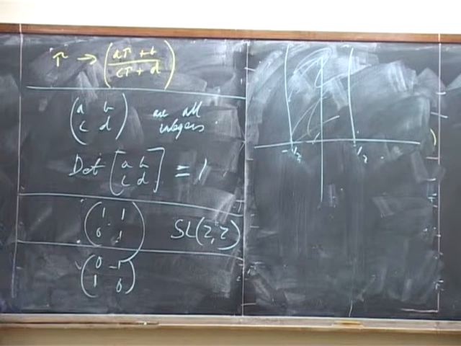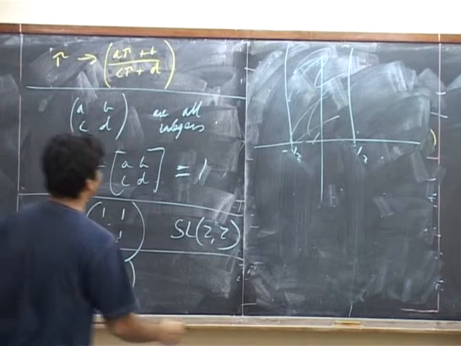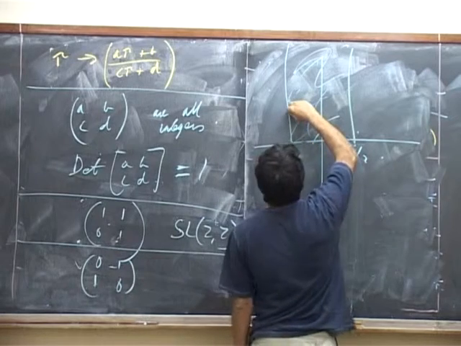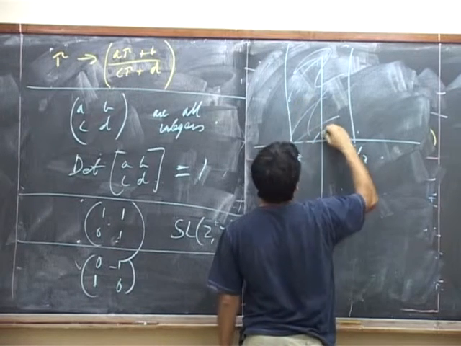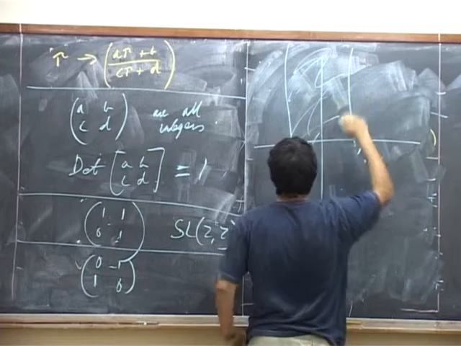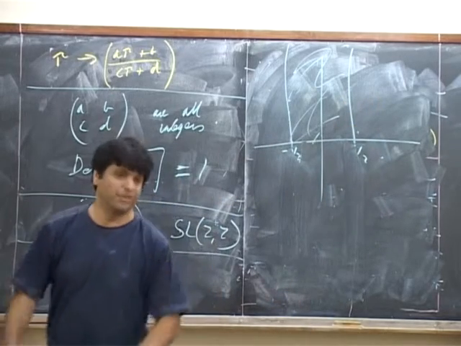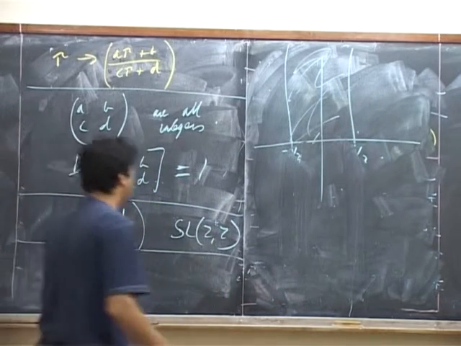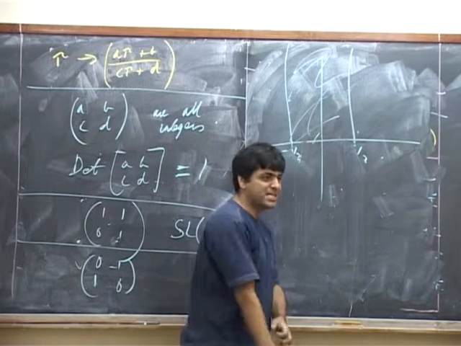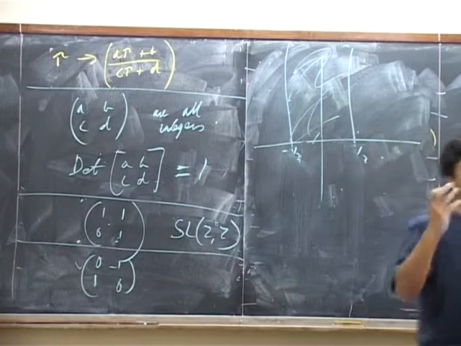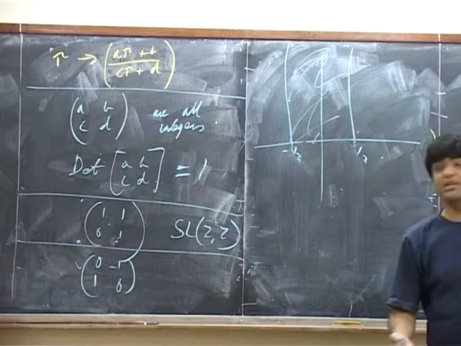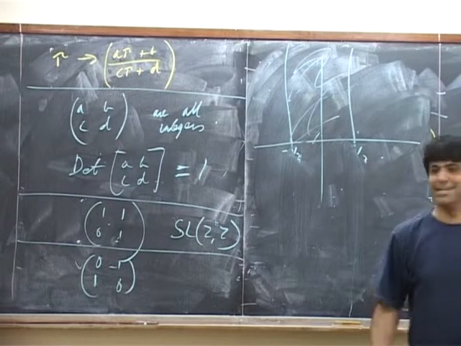But we can do better. Suppose something was down. Now let's see what tau goes to minus 1 by tau does to us. When you take tau goes to minus 1 by tau, in particular what you're doing to the modulus of tau is inverting it.